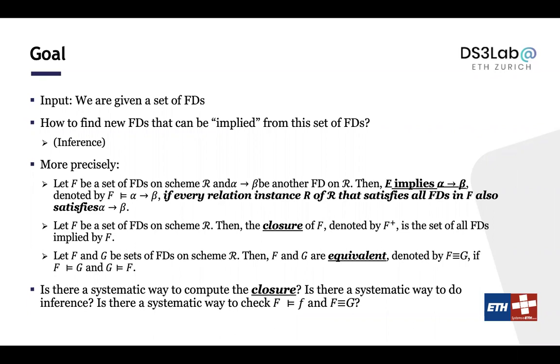Is there a systematic way to check, given a set of functional dependencies F, whether it can imply a new functional dependency, or if you give me two sets F and G, whether they are equivalent or not? And this question will motivate our study of the inference system, to really try to say, given F, how can we systematically prove whether another functional dependency is going to hold or not?